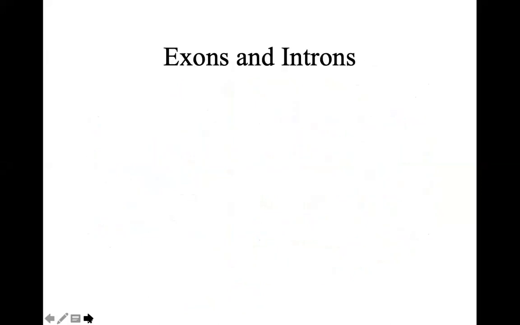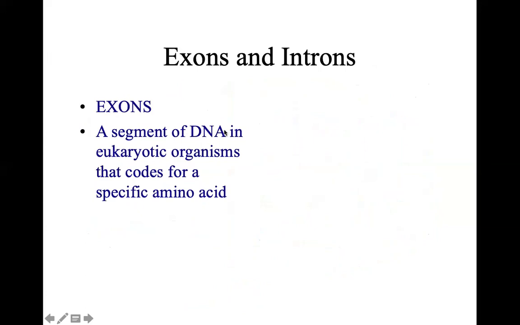Here you need to know two terminologies, exons and introns. Exons are segments of DNA in eukaryotic organisms that code for specific amino acids. That means during the transcription process, the mRNA contains several segments, exons and introns.